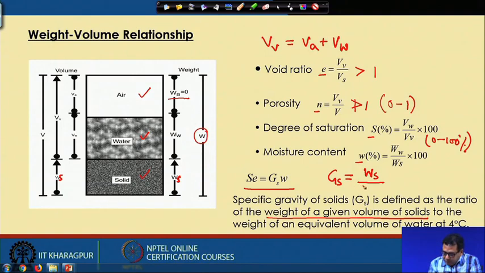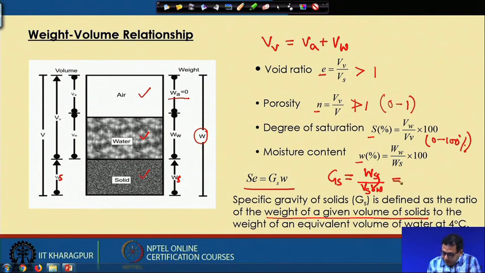So, the equivalent volume is V_s, and gamma_w is the unit weight of water. So, we can write the weight of the equivalent volume of water as V_s into gamma_w.